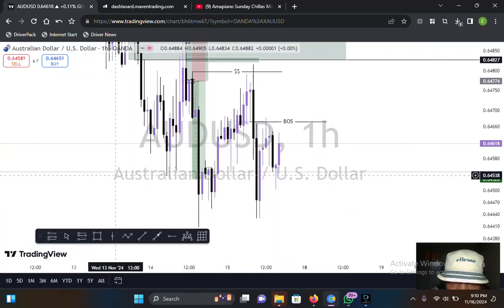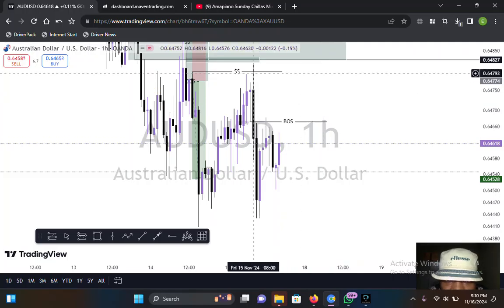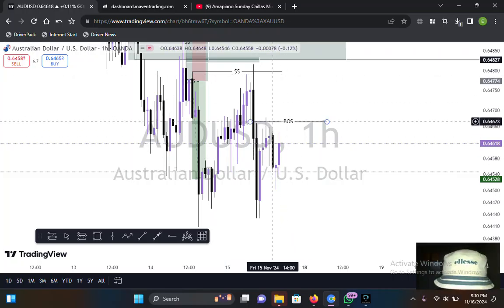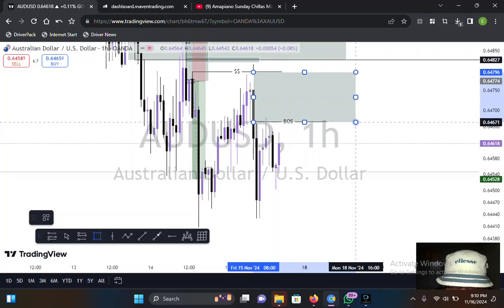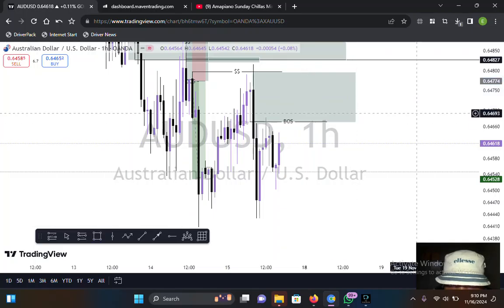So we're just reading. After seeing a liquidity sweep, we have to look for a break of structure. So here, break of structure, which means we have a new order block, which is this one. This is the new order block here.